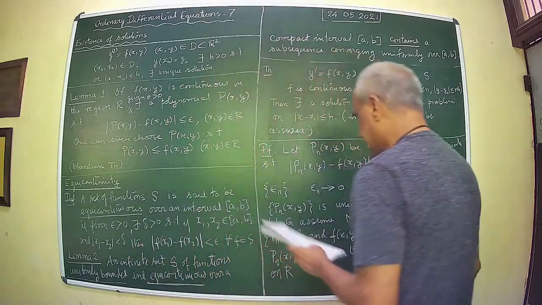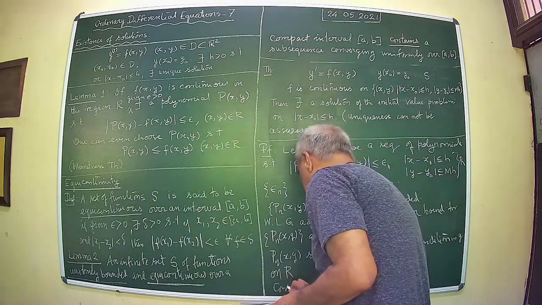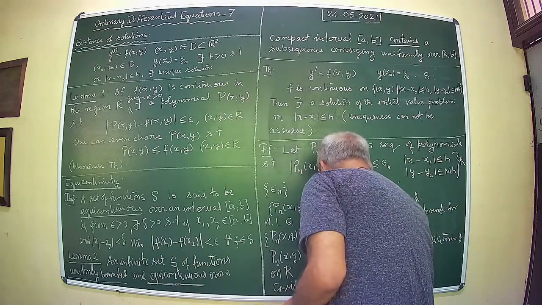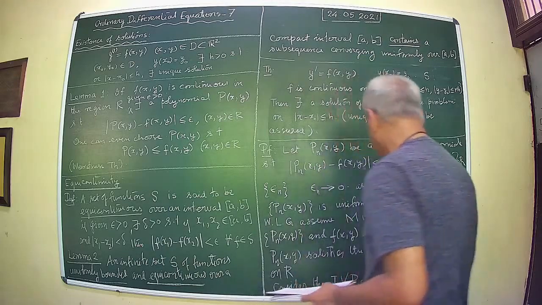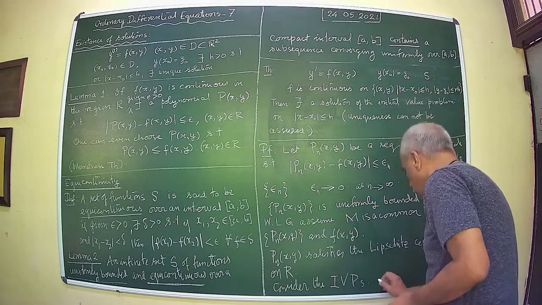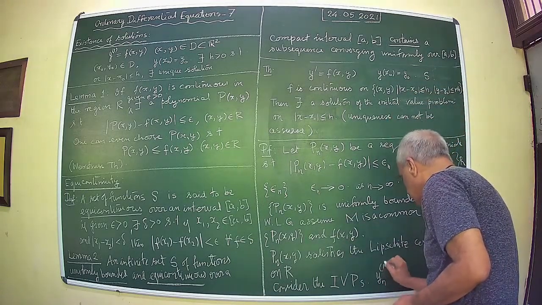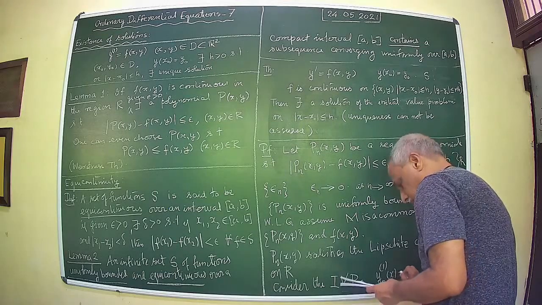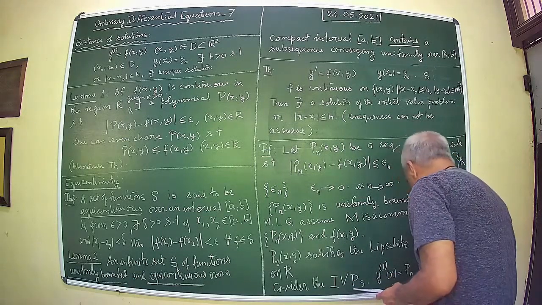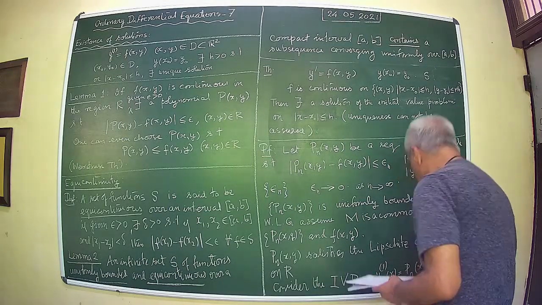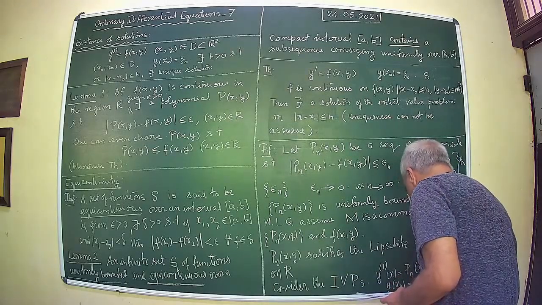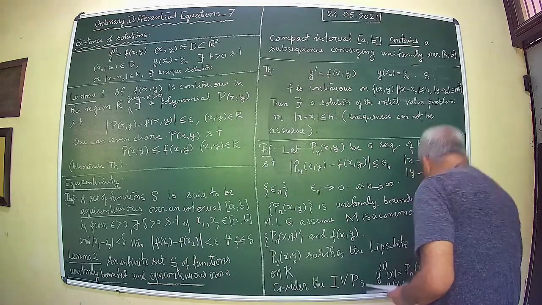Therefore, now what you do is consider the IVPs. The IVPs are the following: yn' = Pn(x, yn), with y at x naught equal to y naught, for all n.